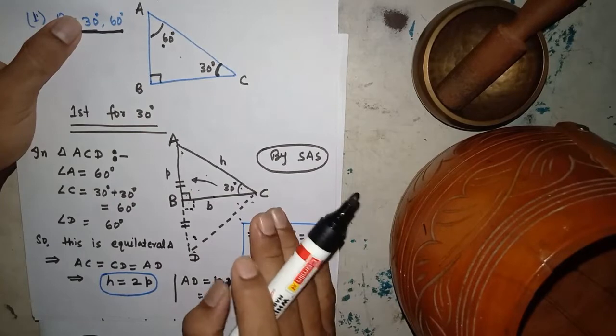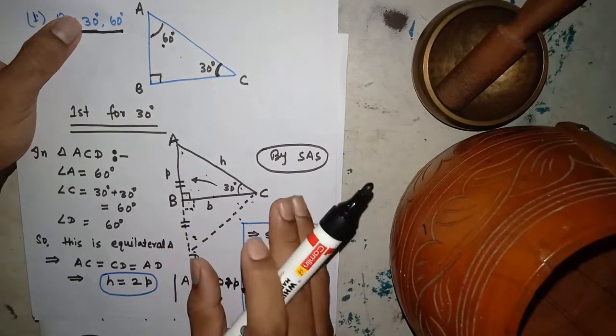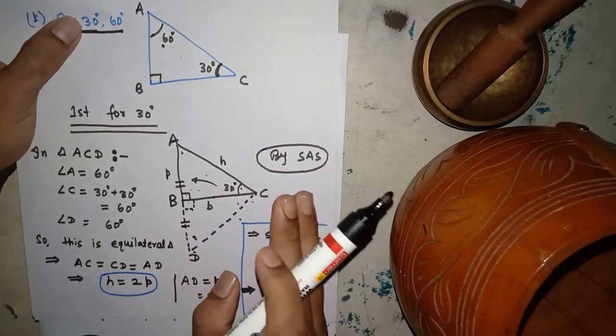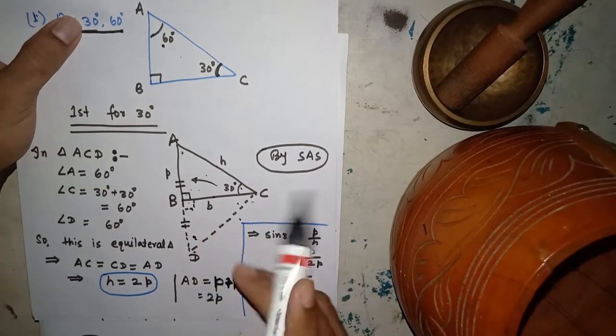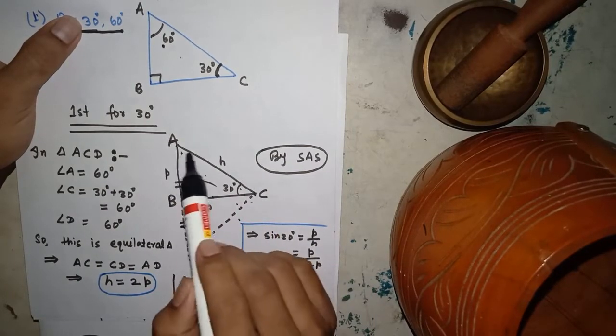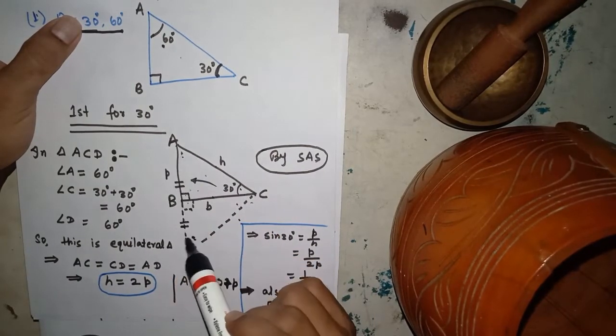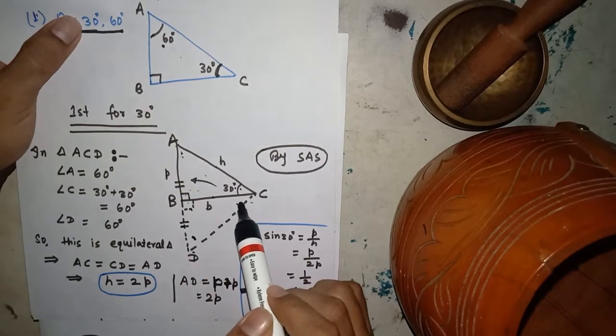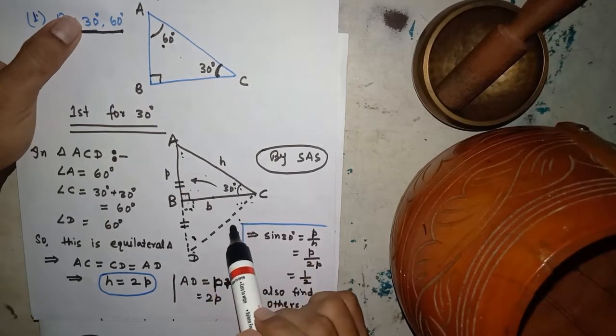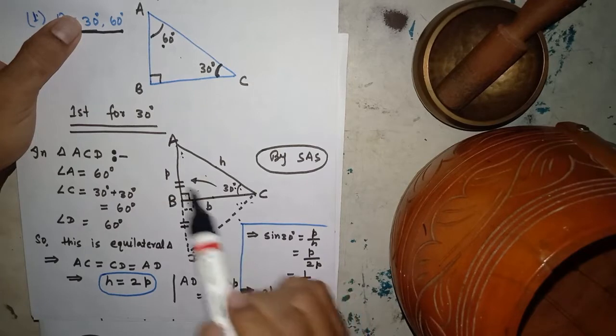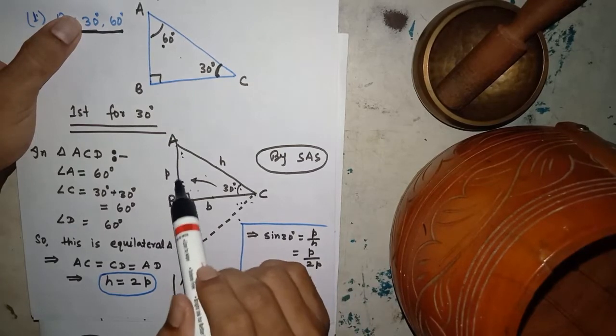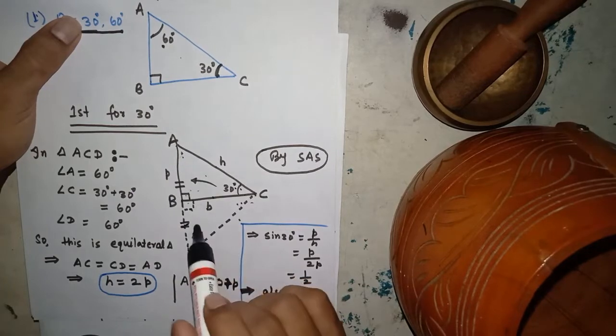Congruency means every part is equal. That means corresponding sides are equal and corresponding angles are equal. So we can say by CPCT this angle is equal to this angle and this angle is equal to this angle. This side is equal to this side, and we already know by construction that this side is equal to this side.